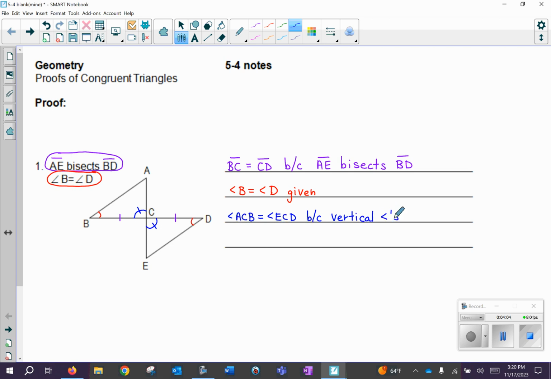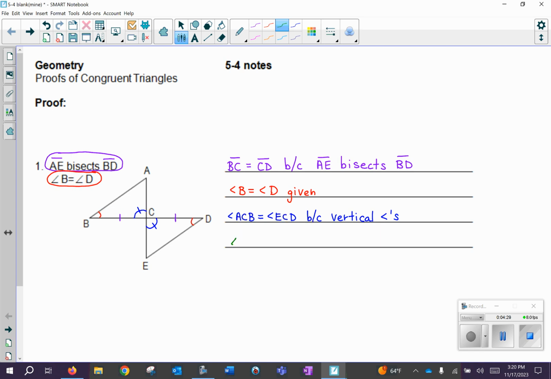Okay, and I'm fine with you just abbreviating the symbols because you want them to fit on one line for you. So vertical angles. You can even say vertical angles are equal. All right, but that's enough for me. And now we need to see if we have a conclusion of why these would be congruent triangles. So for my conclusion, I'm seeing an angle, a side, and then an angle. ASA is one of my conclusions.